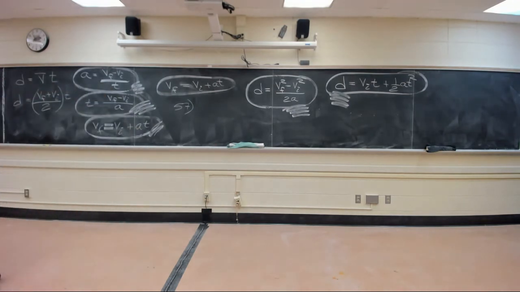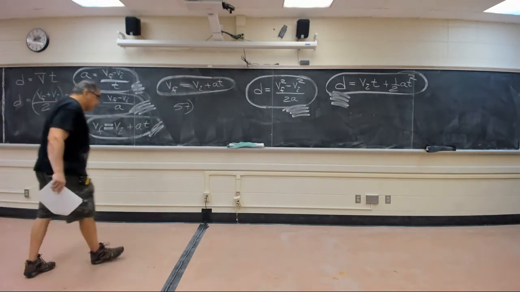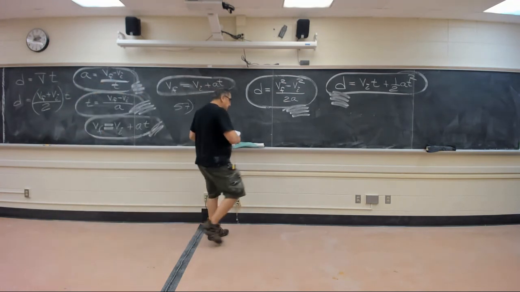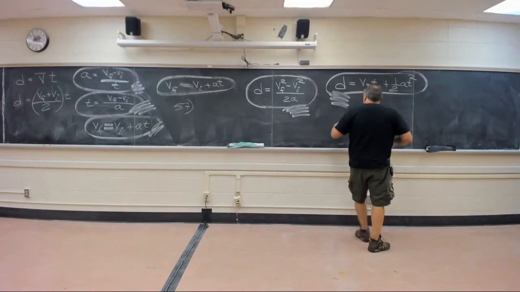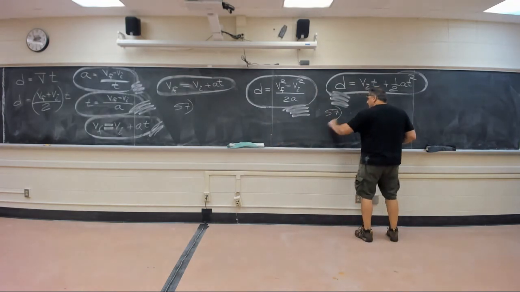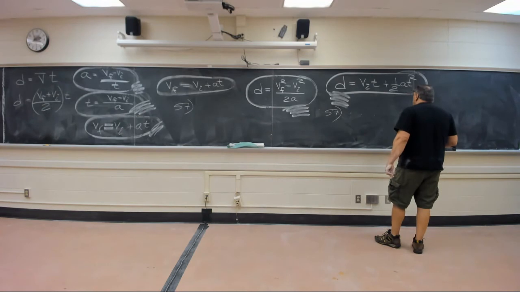So 57, what's going on here? They want to know how long it takes to hit the ground. Tell you what we're going to do. For 57, I'll write it here as well, to compensate for what I did last time, when I didn't write it down initially. I think I'm going to work right here.